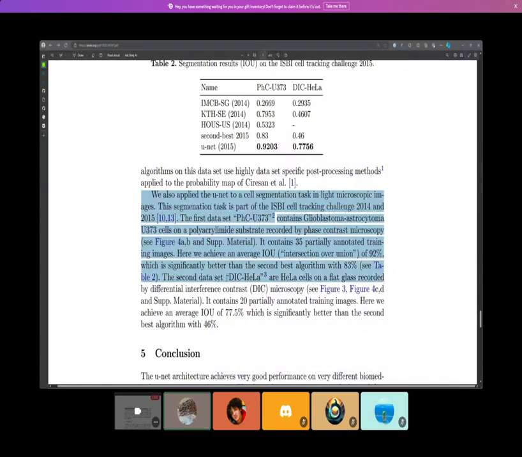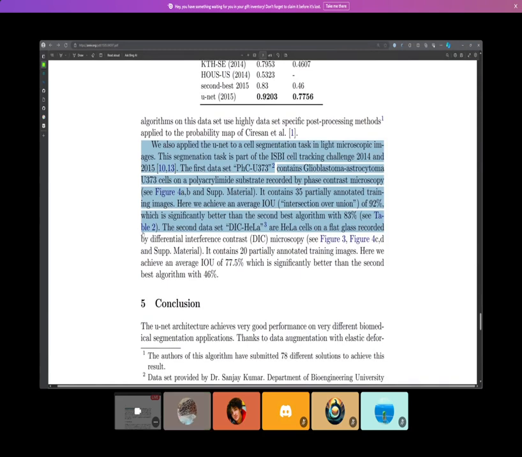The second dataset, HeLa cells on flat glass, has a different image contrast. It contains 20 partially annotated training images, where we achieve an average IOU of 77%, which is significantly better than the second best at 46%.